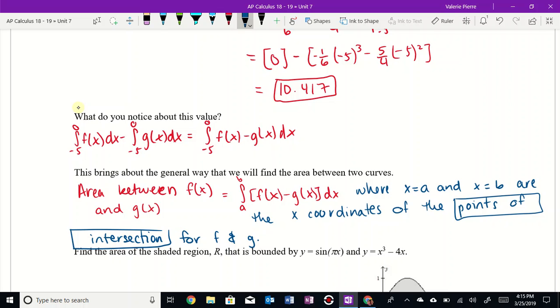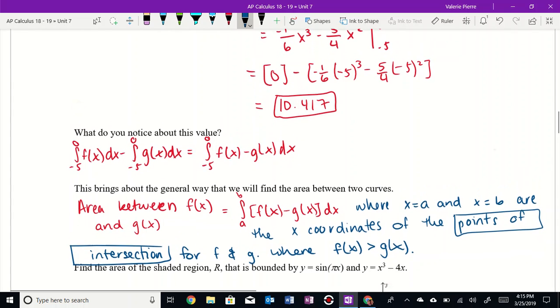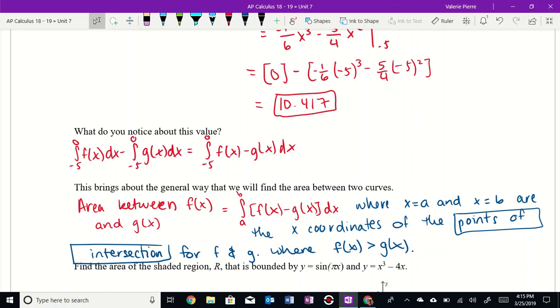Also, where f of x is greater than g of x, which means that the function above on the interval is f of x, and the function below on the interval is g of x. And you'll notice when we do more problems that they can switch positions.